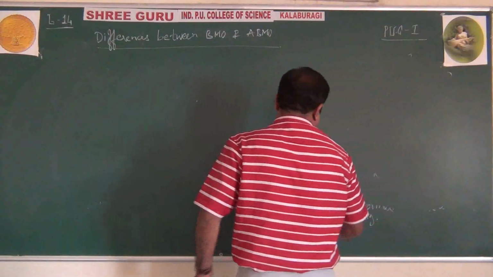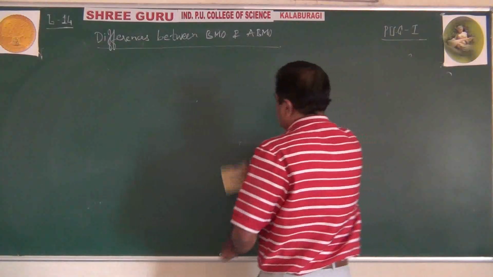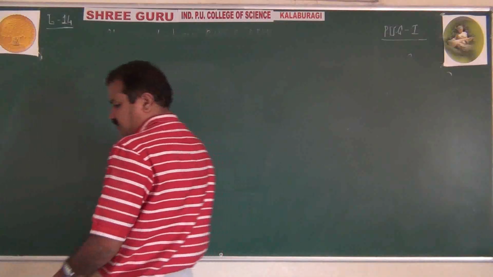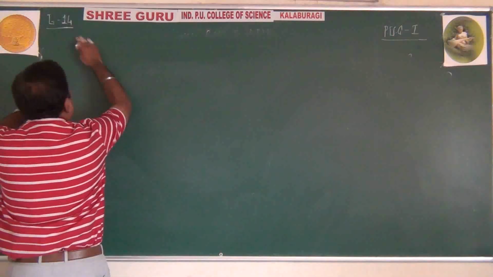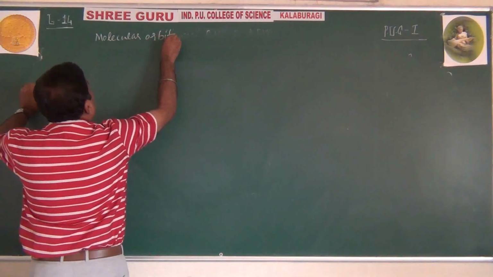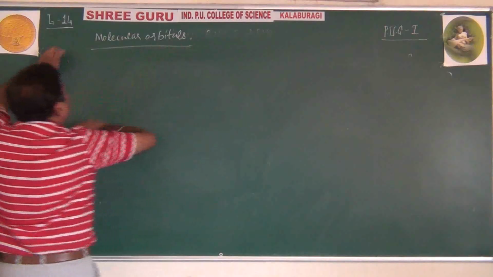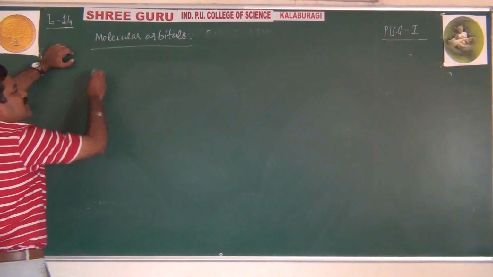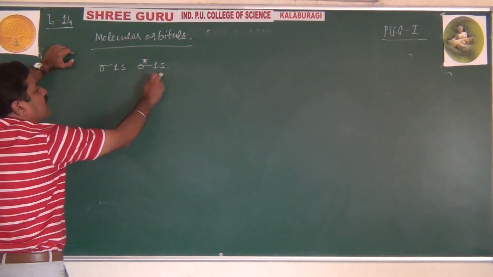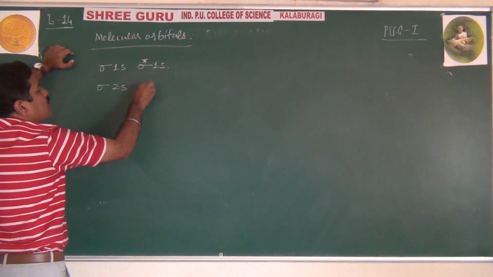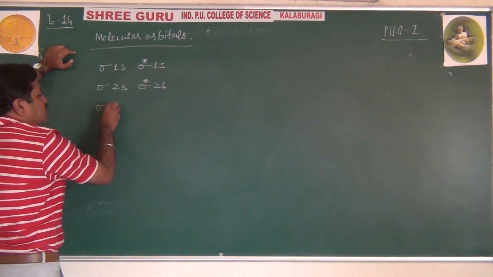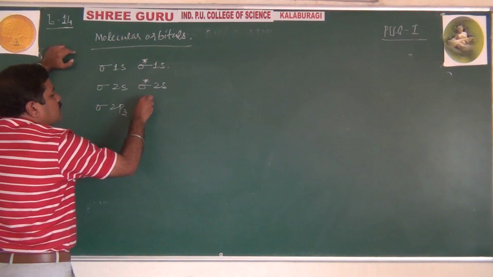Here molecular orbitals are only sigma, pi and delta, not more than that. The available molecular orbitals are sigma 1s, sigma star 1s, sigma 2s, sigma star 2s, then sigma 2pz and sigma star 2pz.